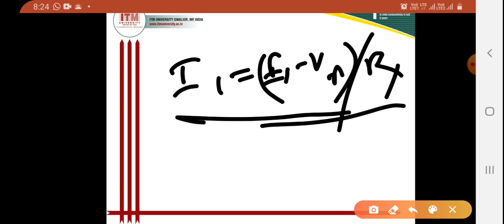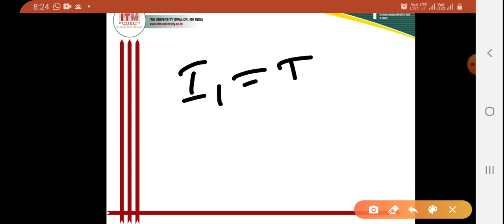Similarly, in the place of I4 also I can write, because already you know the equation at node A, node 1: I1 is I4 plus I2.